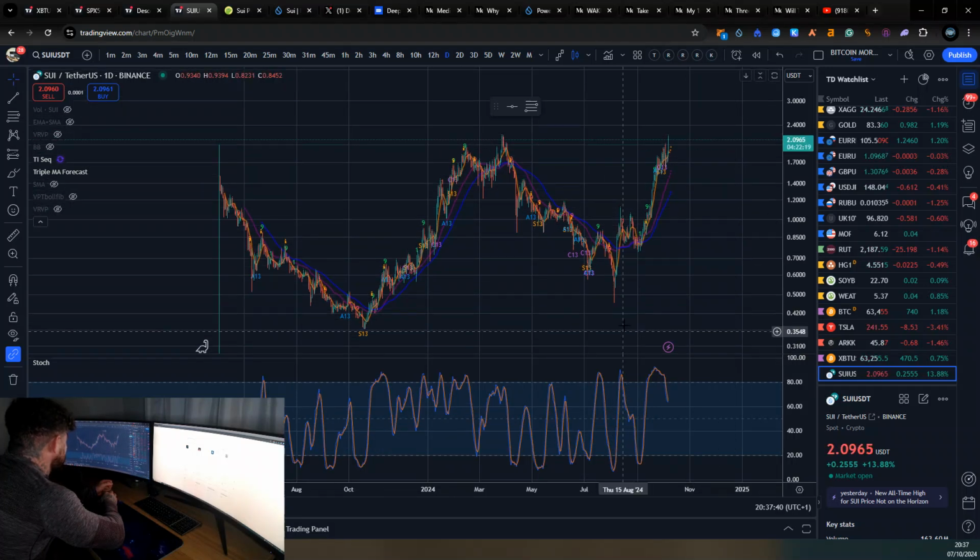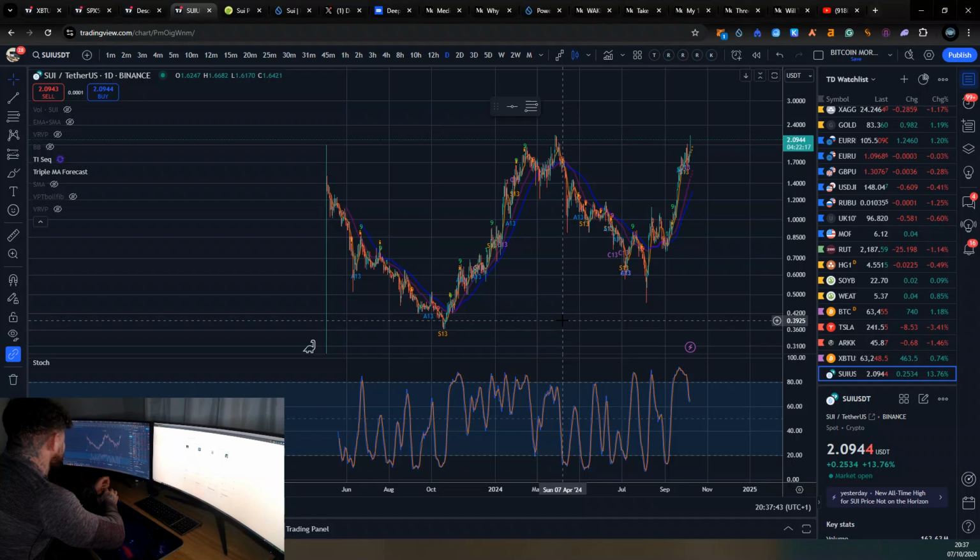Once this next leg of the bull run comes and we start to get the euphoria, the altcoin mania, I think Sway, we are going to call it Sway from now on. In my mind it is SUI, I've always called it SUI, but let's just call it Sway because that's what it's called.